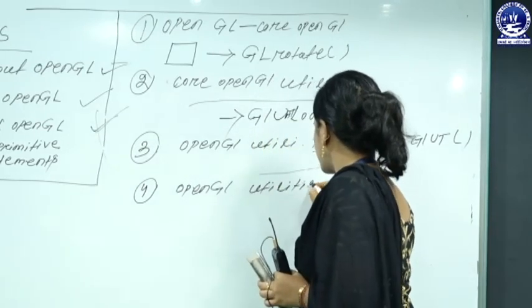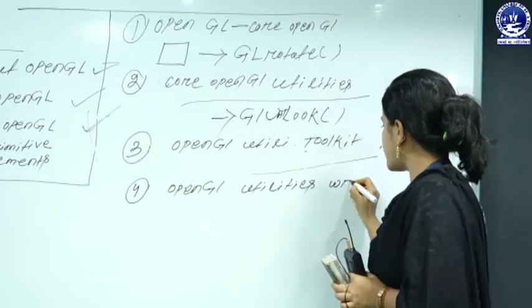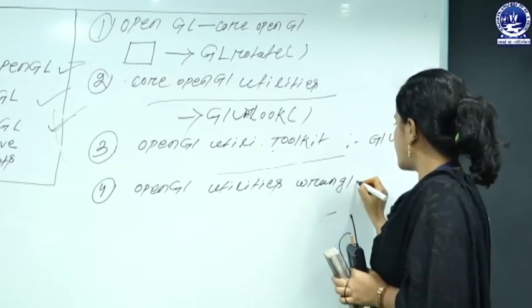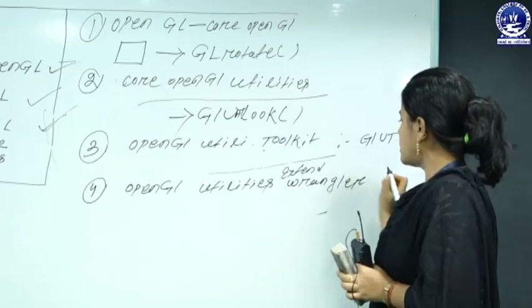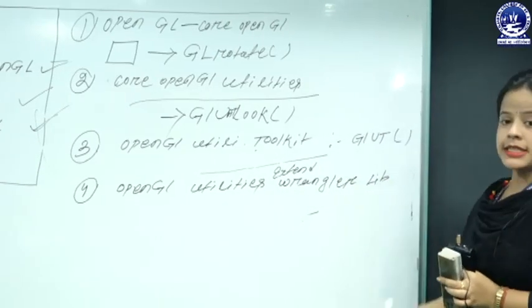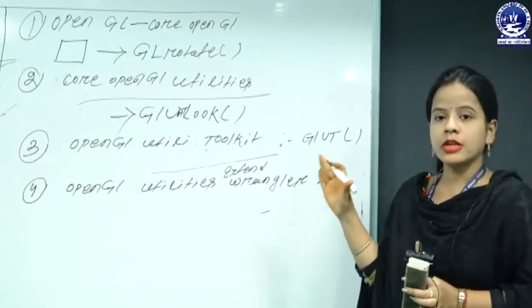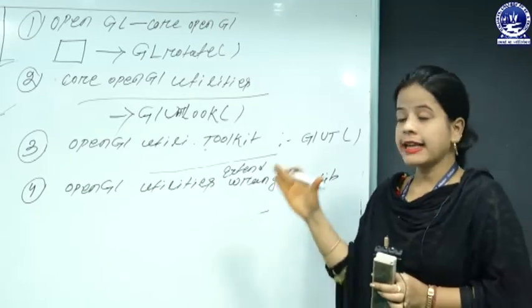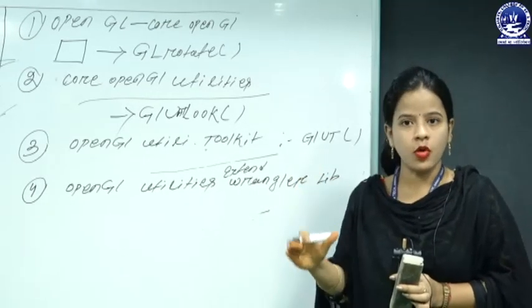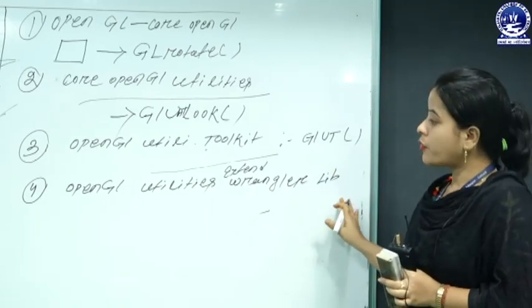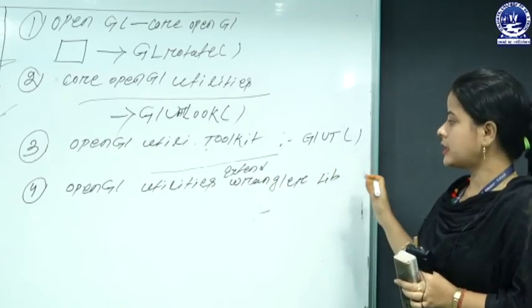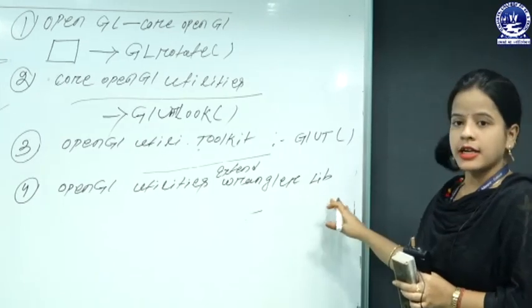Okay, after that, now goes to the last function or last method, that's your OpenGL Utilities Extended Wrangler libraries. That means whenever the programmer needs to add any types of new library code from the existing library, in this case we use one type of function that is called the OpenGL Utilities Extended Wrangler library.